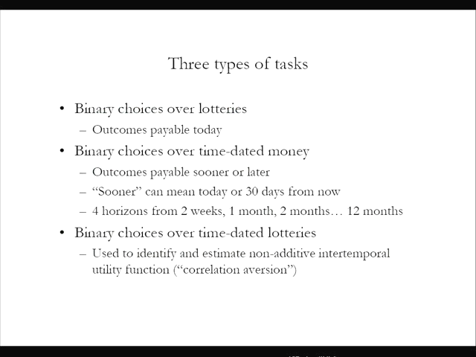So we have 3 types of tasks in the designs. The first task is binary choices over lotteries, where all the outcomes are paid at the experimental session, at the end of the session. Then we have binary choices over time-dated outcomes.